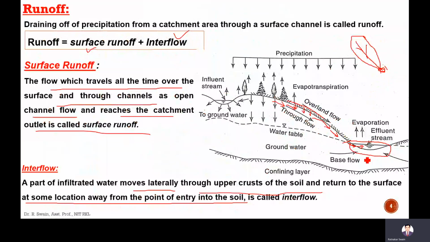All the water which joins the stream is called runoff. So during rainfall, water directly over the surface, which is called overland flow, joins the stream, that is called surface runoff, and the interflow, which is the infiltrated water in the upper layer of the soil, joins the stream just during the rainfall or just after the rainfall.